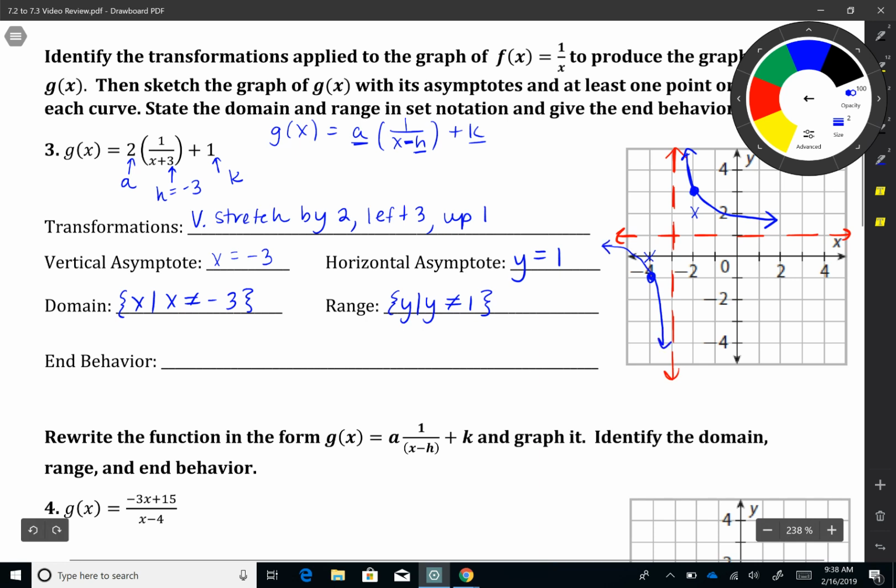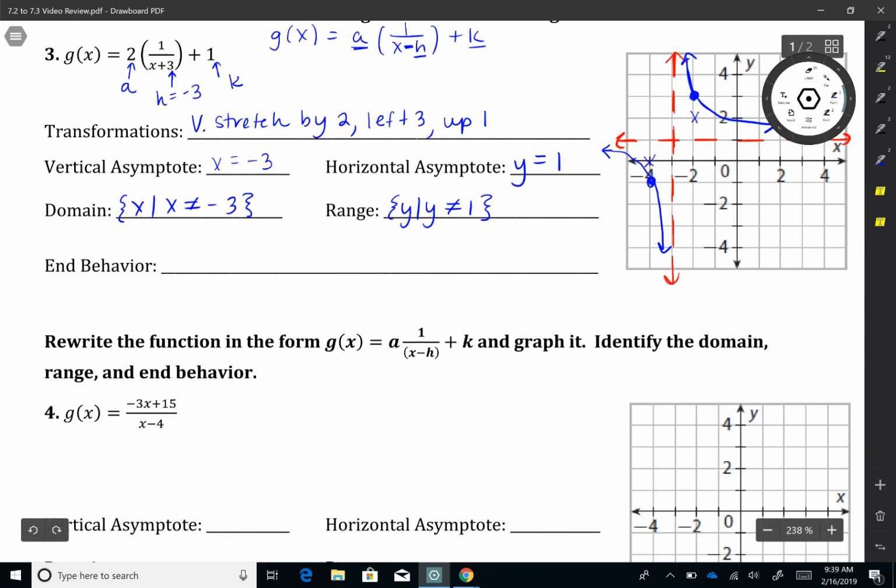All right. So your end behavior for rational functions, the end behavior is as x approaches positive infinity. So as we look to the right end of our graph, what are our y values approaching? And the beauty of a hyperbola is that your y values are approaching your horizontal asymptote.